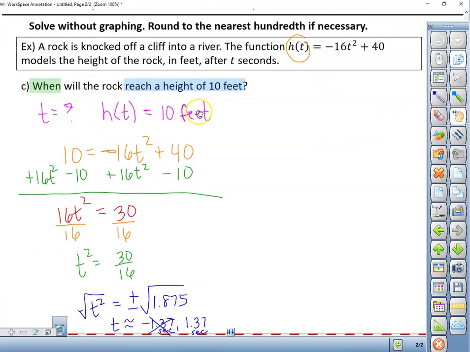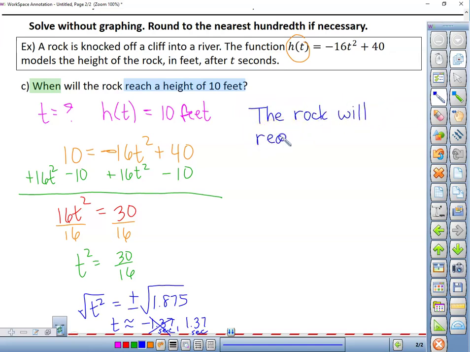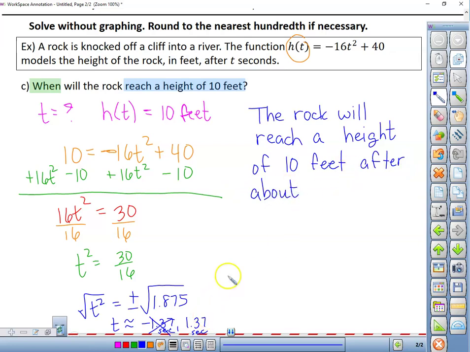So our conclusion, when will the rock reach a height of 10 feet? So the rock will reach a height of 10 feet after, or at, or in about, because we rounded, 1.37 seconds.